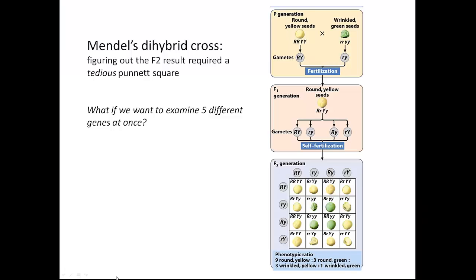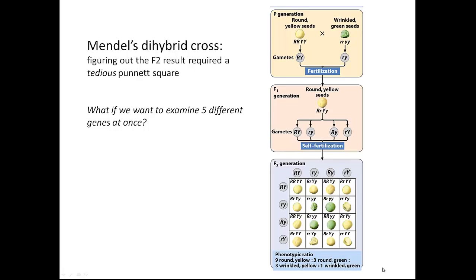I'd like to also have you use probability in solving things that in the past we've used complex Punnett squares for. So if you remember, when we looked at Mendel's dihybrid cross, when we got to the F2 generation, we were obliged to make this very complicated 4x4 Punnett square. So what about if you have 3 genes, or even 4 or 5 genes?